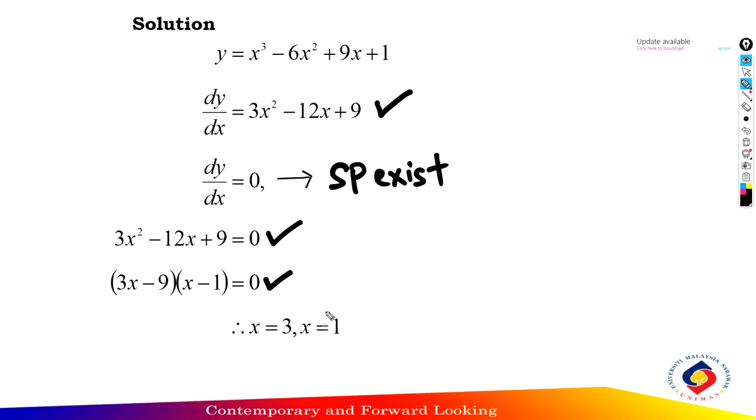The first value of x equals 3 and the second x equals 1.